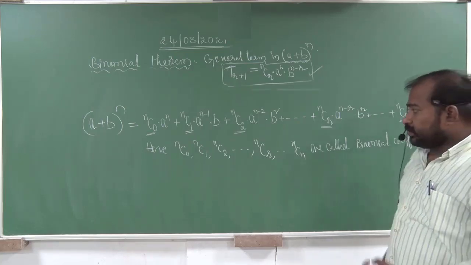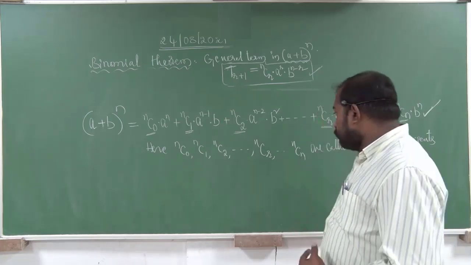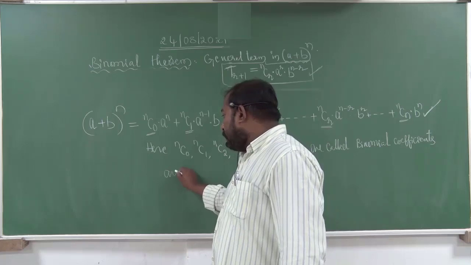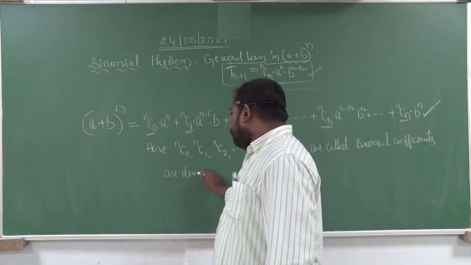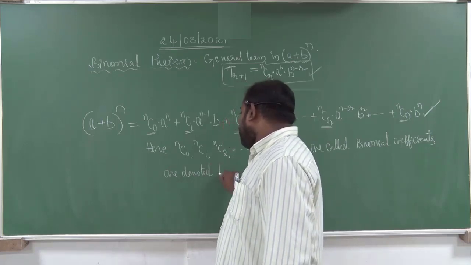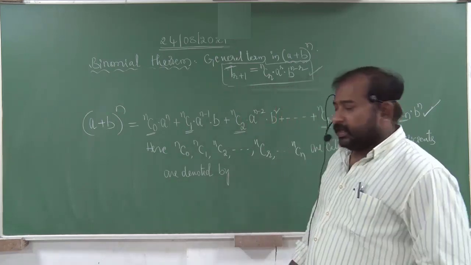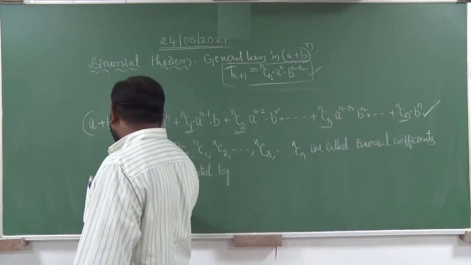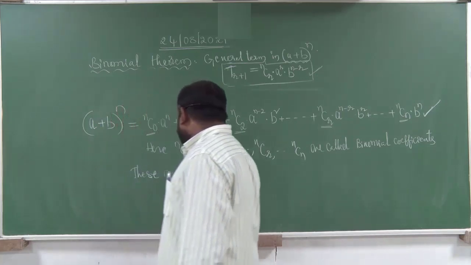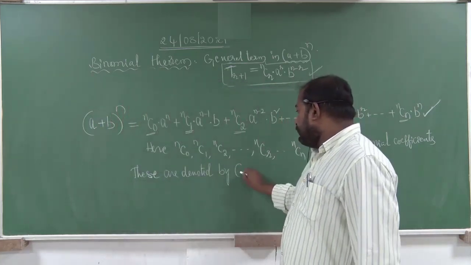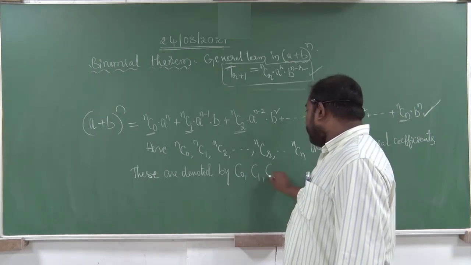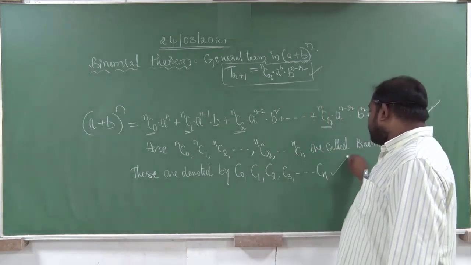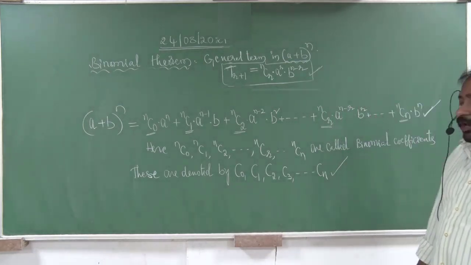And these nC0, nC1, nC2 are denoted, in every term, without the need to mention n every time, simply by c0, c1, c2, c3, and so on up to cn.